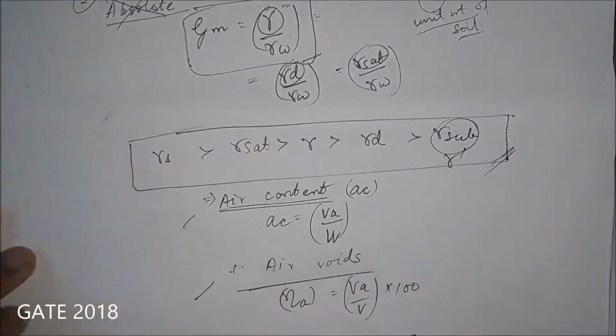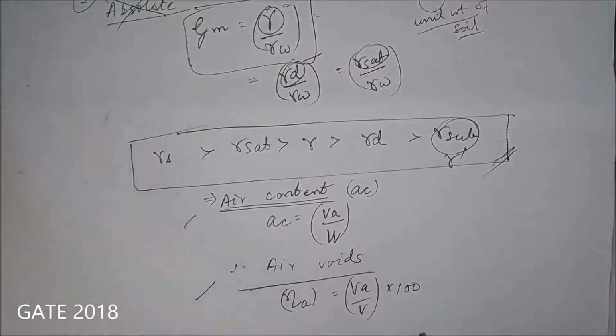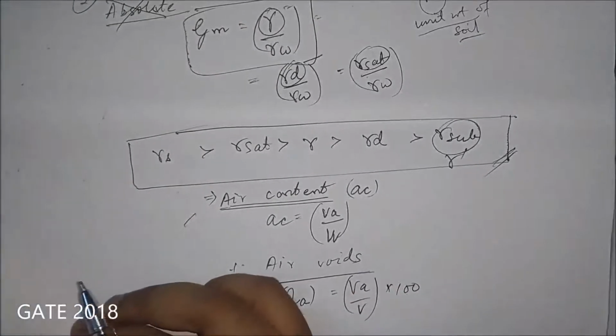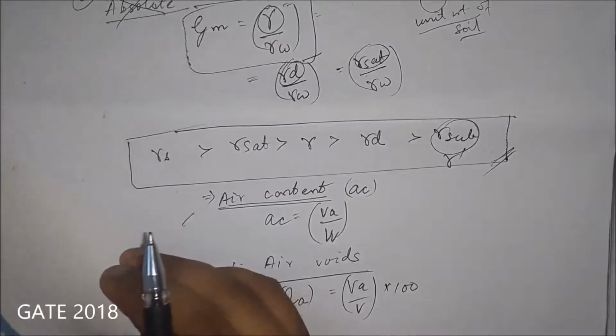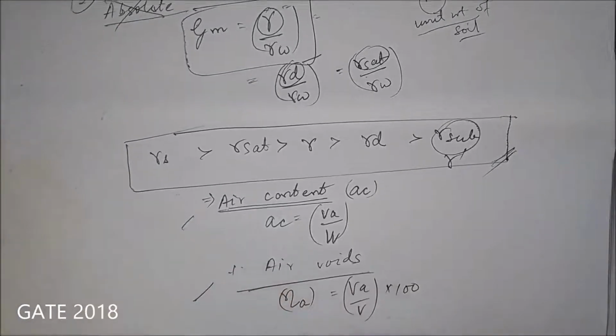Okay, so I guess till here it is clear. Now I'm going to write some basic relationships between all these parameters, which will be used in the problems.